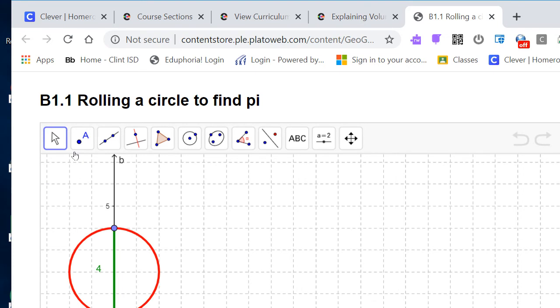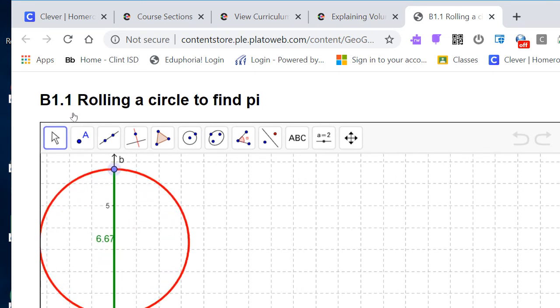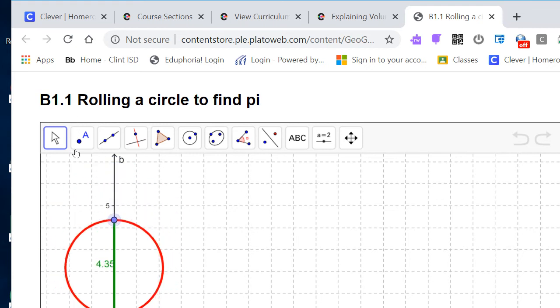We click on this little blue circle and notice how I can change the diameter of the circle. Let's start with this number right here. I'm trying to get it exactly at 2. So if my diameter is 2, now I'm going to roll the circle.